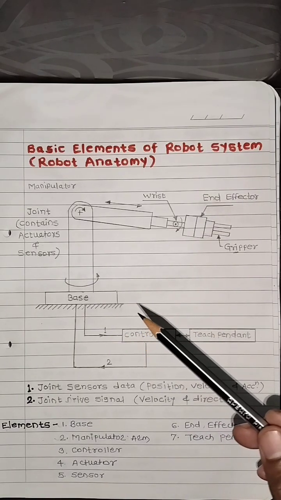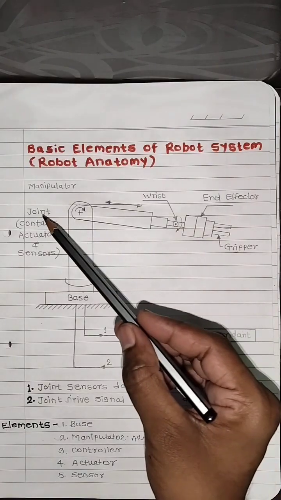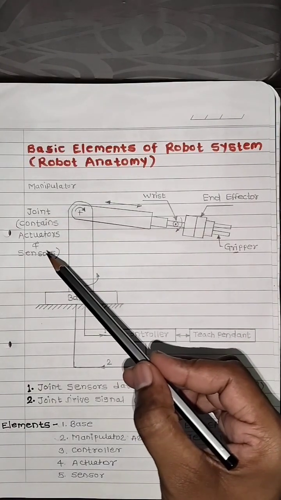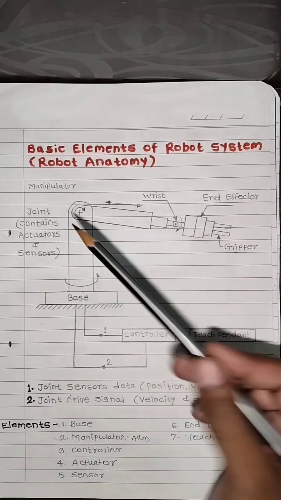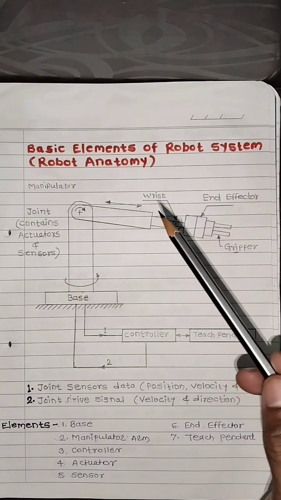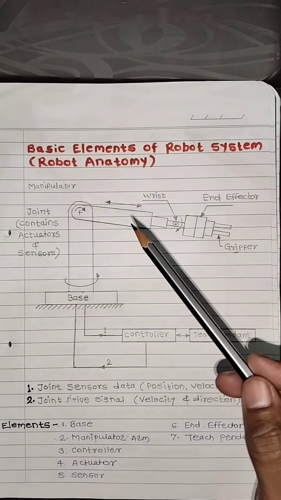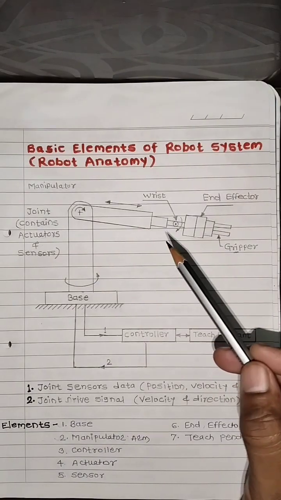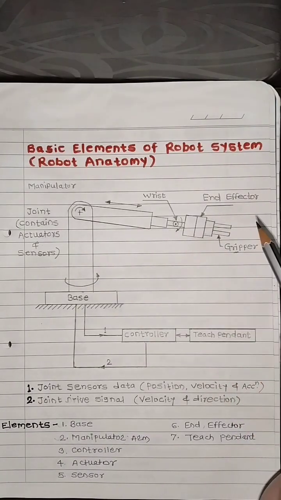The next part is actuators and sensors. The joints in the manipulator arm contain some actuators and sensors. The main function of the sensor is to collect information about the environment of this robotic manipulator. Environment means the periphery or the surroundings of the robot. Some examples of sensors are cameras, also called vision sensors, which can be mounted on the forearm or on the end effector of the robotic arm.